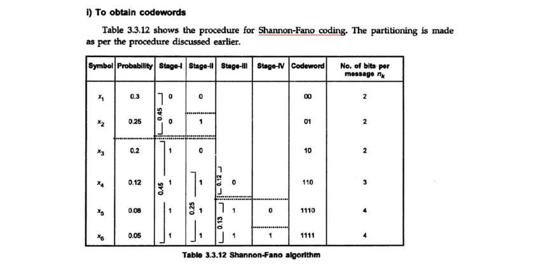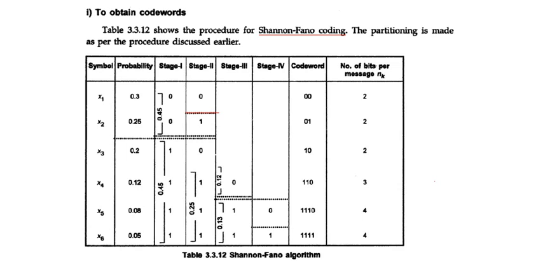In the first group we again have two symbols x1 and x2. We partition again into two groups, and the first group is assigned 0 and the second group is assigned 1. Next, coming to the x3 to x6 group.